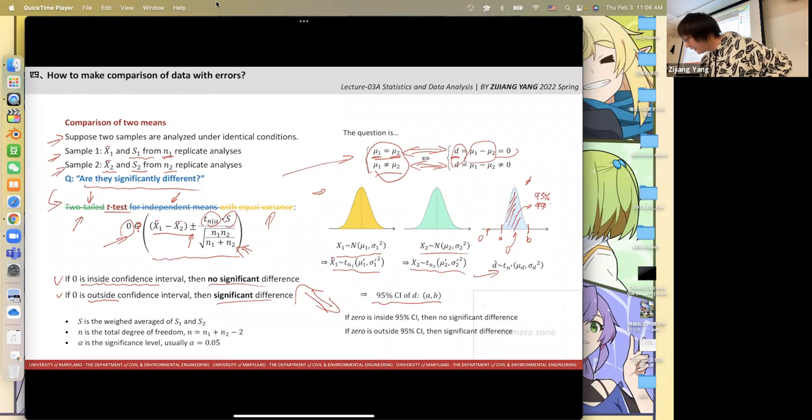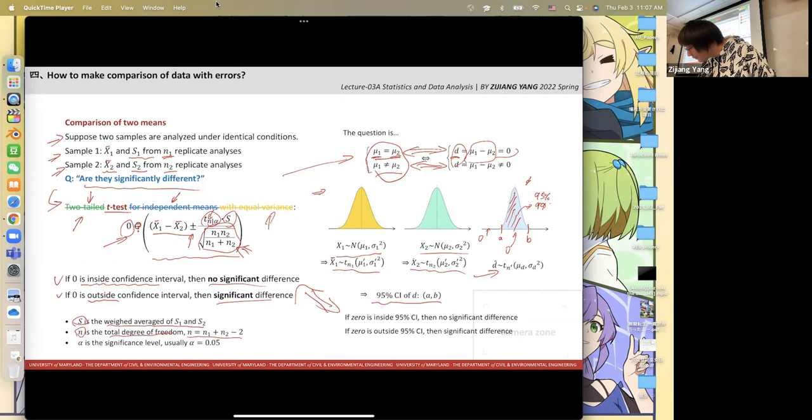And we have some combination of sample sizes. How do we calculate these parameters? For s, it is the weighted average of s1 and s2. And the degree of freedom is n1 plus n2 minus 2.